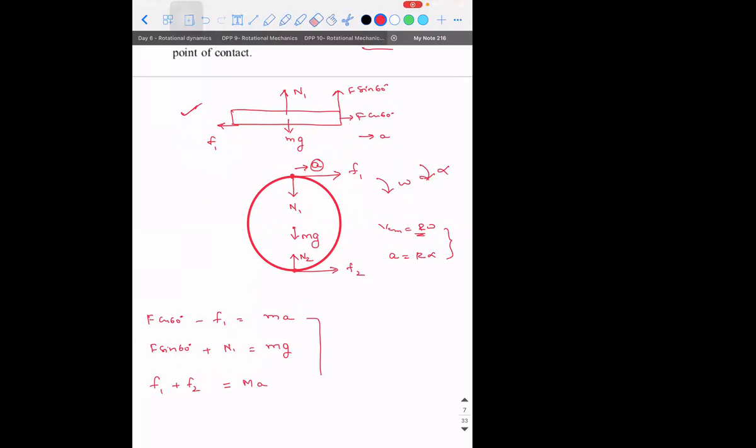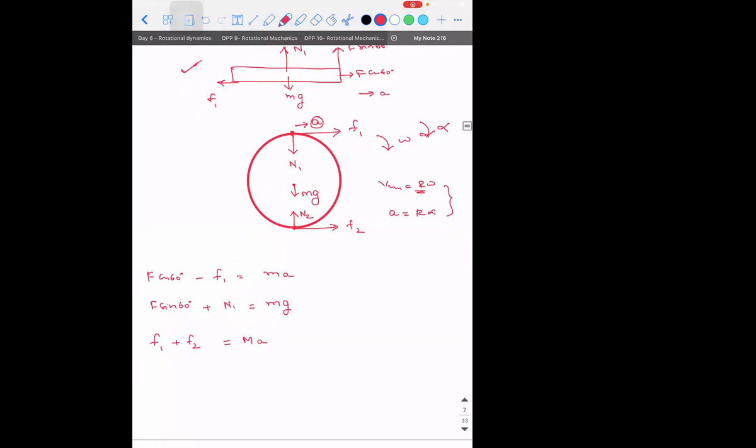One more equation is there for translational motion. So what other equation can I apply? N1 minus N2 is equal to capital M. Then acceleration of the object is equal to R alpha.